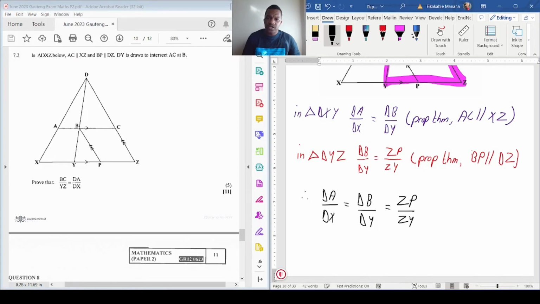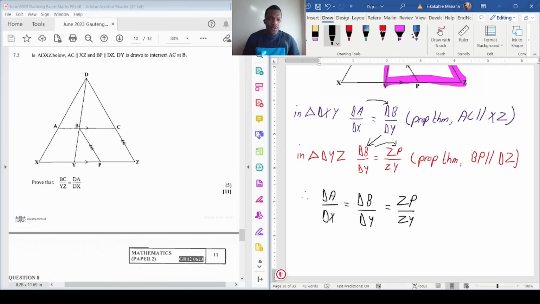What did I just do? I just equated all of these. Okay, I started with that, I moved to there, and then this and that are exactly the same, so I just moved to that, equating them all.